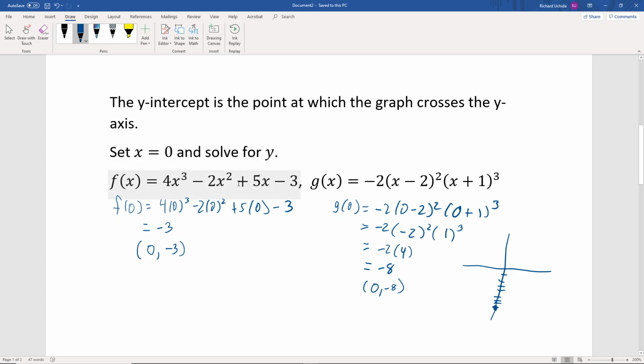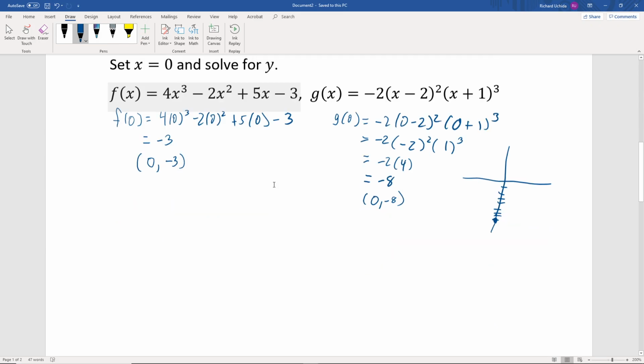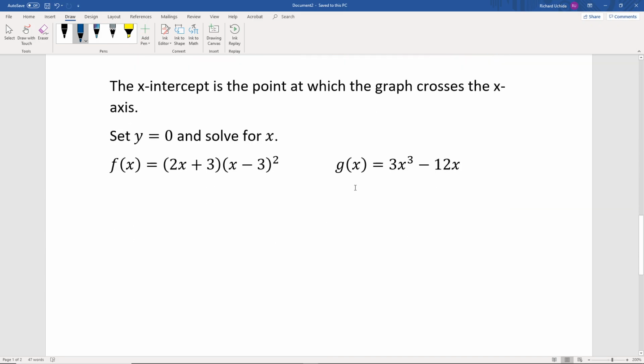Now, an even more important thing when you're talking about the properties of the graphs of polynomial functions is needing to find the x-intercept, or x-intercepts, because there could be more than one for a polynomial function. Remember, the x-intercept is the point at which the graph crosses the x-axis. What you do is set y equal to 0 and solve for x.